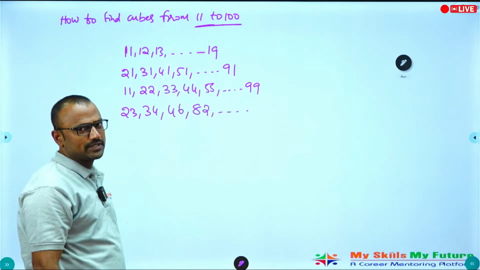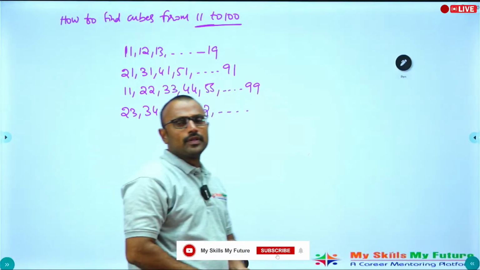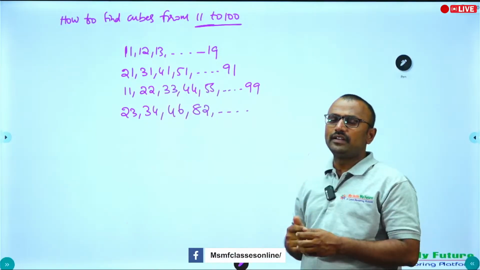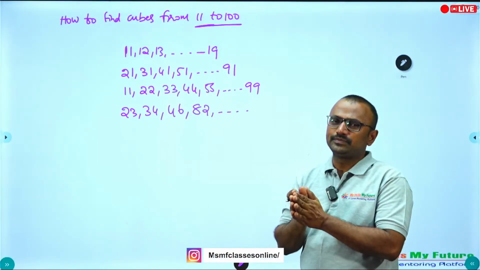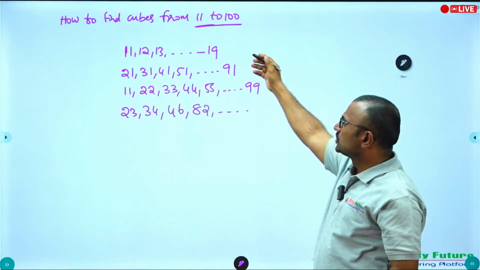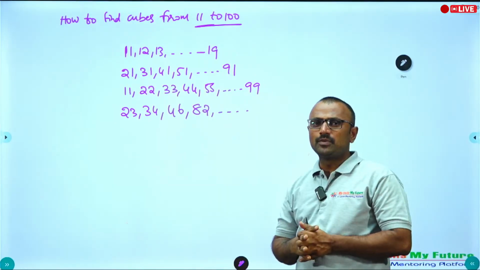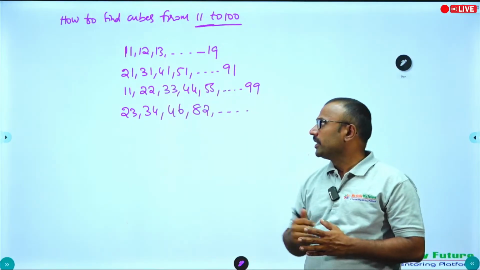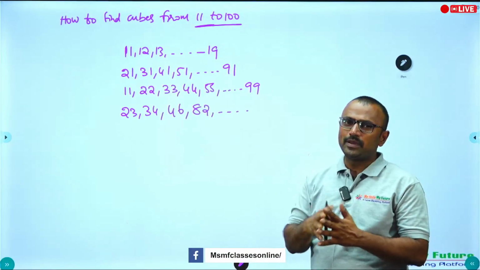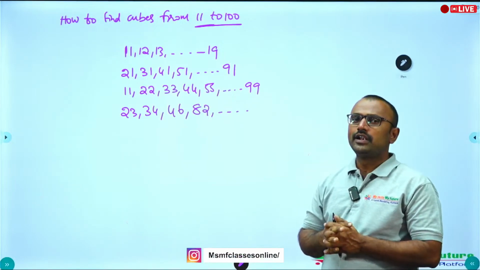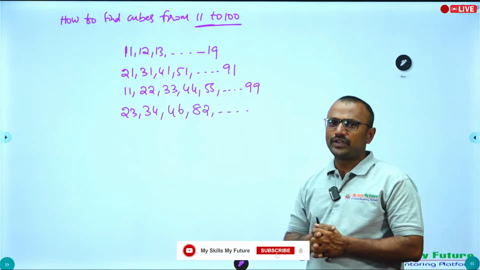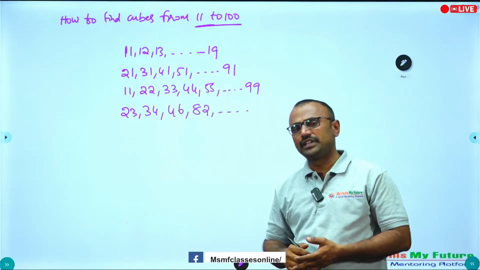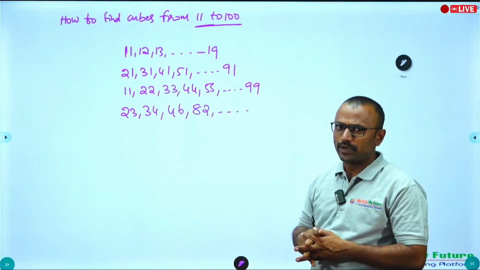Here I classified the 2 digit numbers in 4 ways to find the cubes in less time and in a simple way: starting with 1, ending with 1, same numbers in both digits, like 11, 22, 33, 44, and different numbers, like 23, 34, 48, 62.